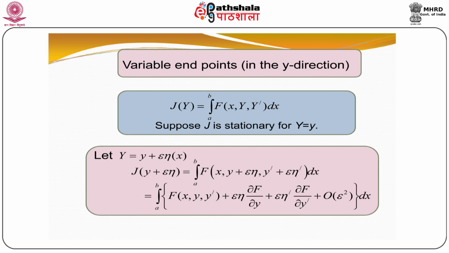Here we have substituted the value of capital Y and capital Y dash in terms of small y and small y dash. Then we get this result. Expanding this one, we get these terms. These terms stand for terms of order epsilon square and higher powers.